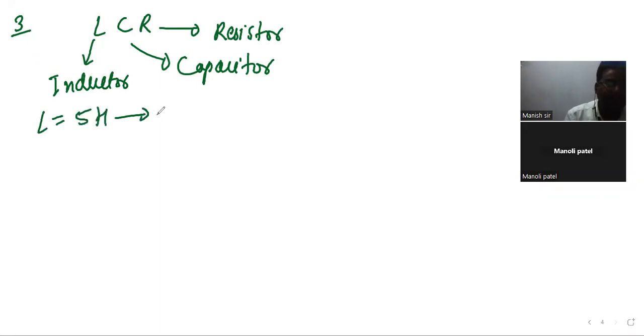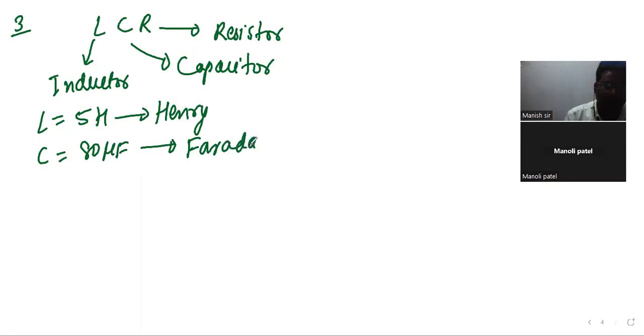H means Henry, the unit for inductance. And the capacitor C value is given, that is 80 microfarad. And the resistor value is given, that is 40 ohm. This is your resistor, whose unit is ohm.